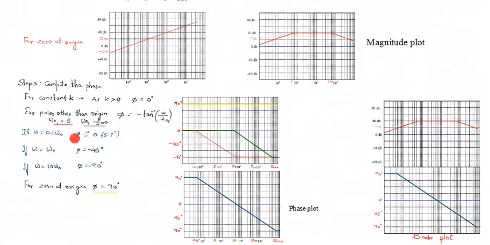And omega takes a value 10 omega n, so 10 omega n, omega n being 5, means 50. So up to 50 the phase reduces and reaches a value of minus 90, and above 10 omega n nearly you could say the system remains at minus 90 degree, correct?